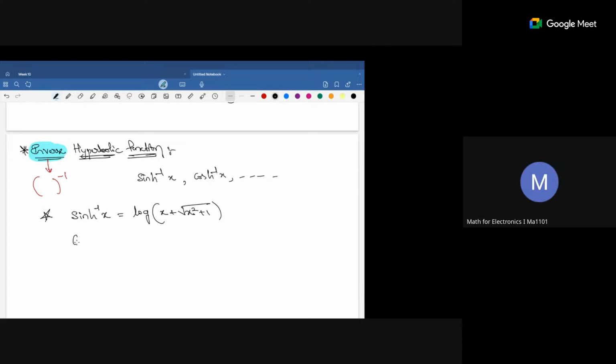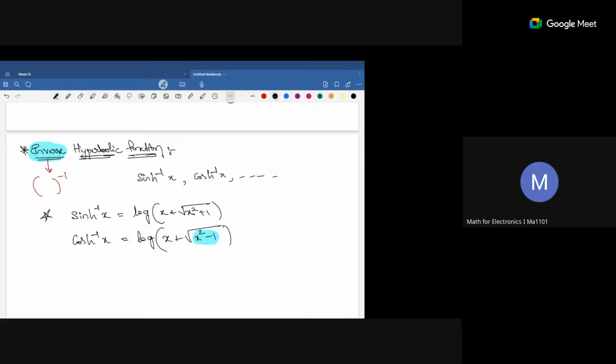Okay. And also cos hyperbolic inverse of x, which is log, again there is a slight difference. Instead of x square plus 1, this will be square root of x square minus 1. So here we should be slightly careful.